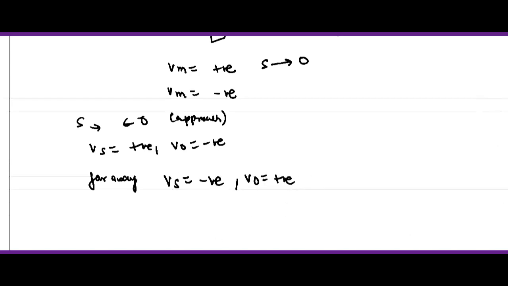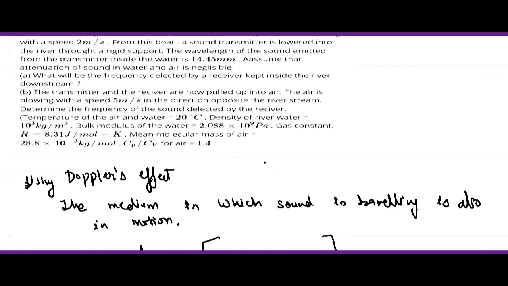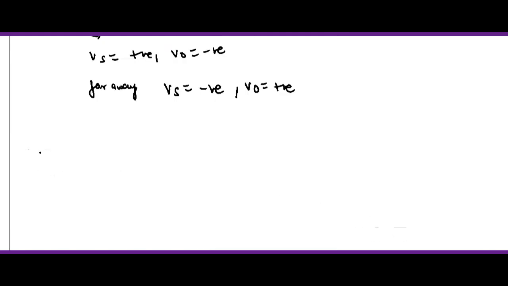Okay, so now let us see the first part. They have told us to calculate the frequency received by the receiver that is kept inside the river downstream. Now here let us consider that this is the boat. They have given us that this is moving in the direction with a 20 meter per second speed, and this is the stream that is 2 meter per second.